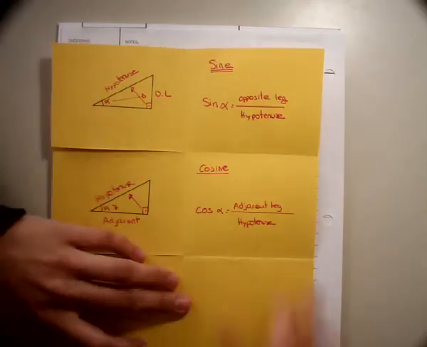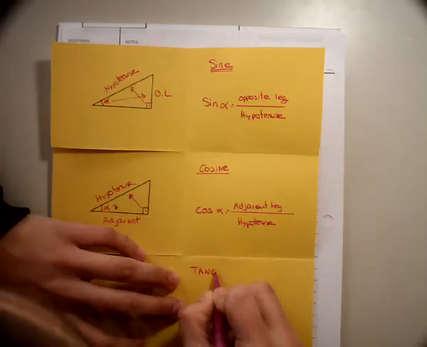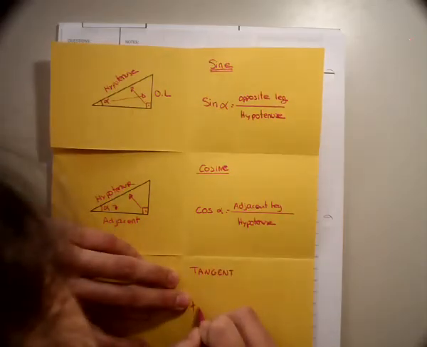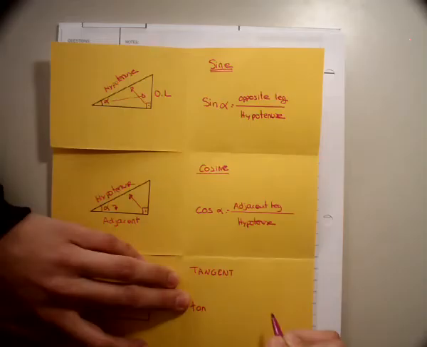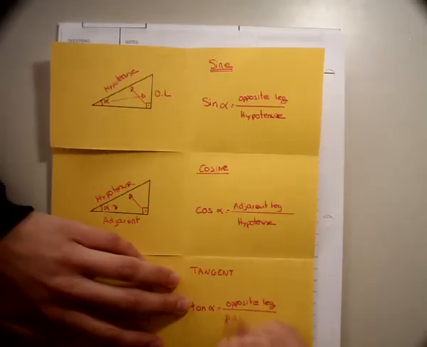Finally, the third trigonometric function that we have is the tangent. We are going to use it as tan, T-A-N. Tangent of alpha is equal to opposite leg over adjacent leg.